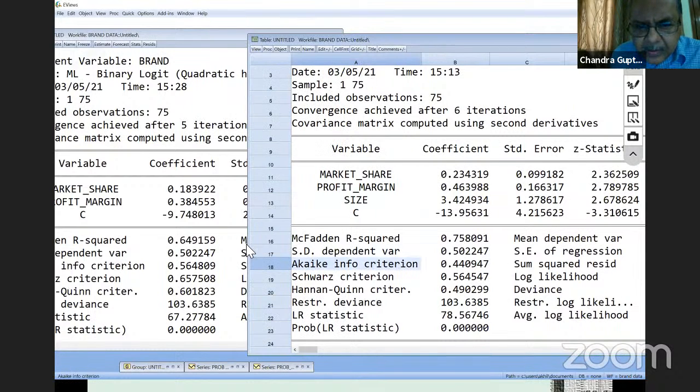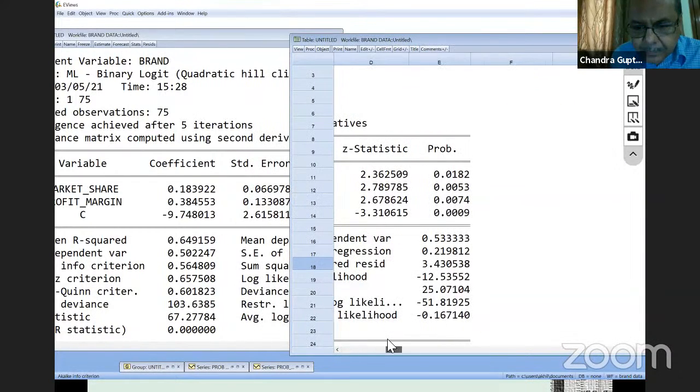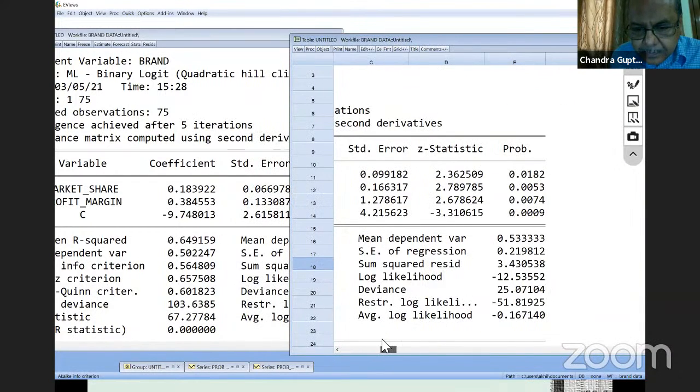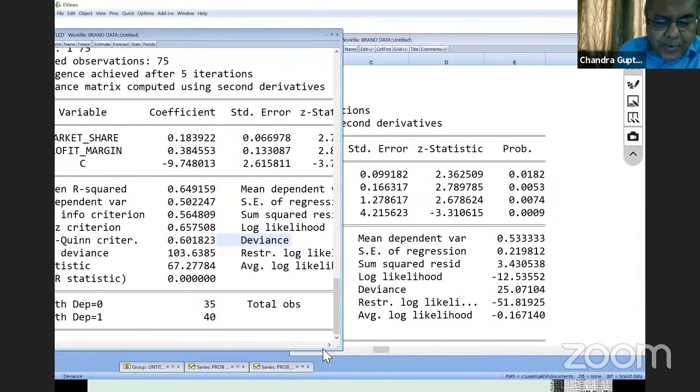Then we have likelihood functions. Or if you don't want to compare, it doesn't matter. You can compare the information-based criteria.